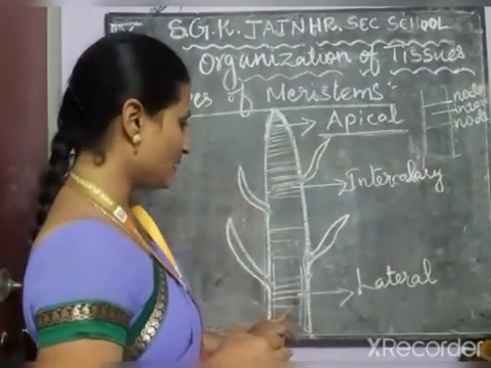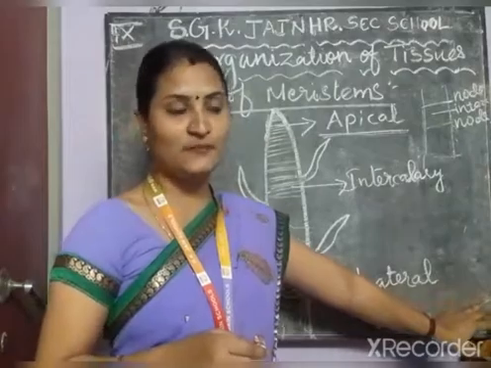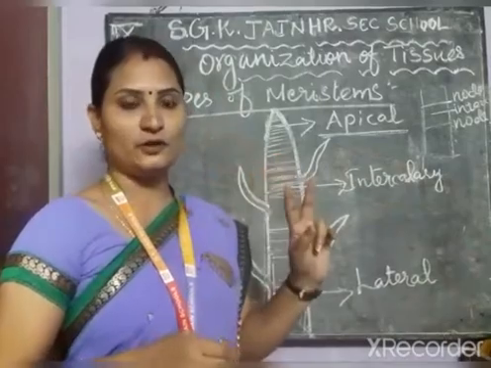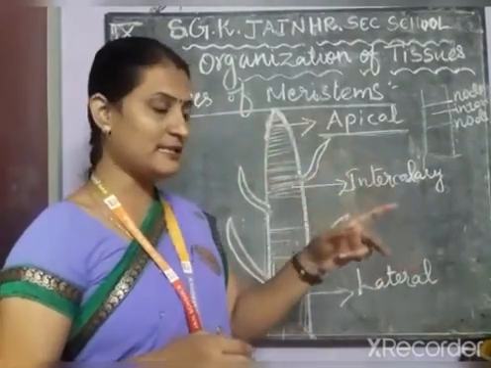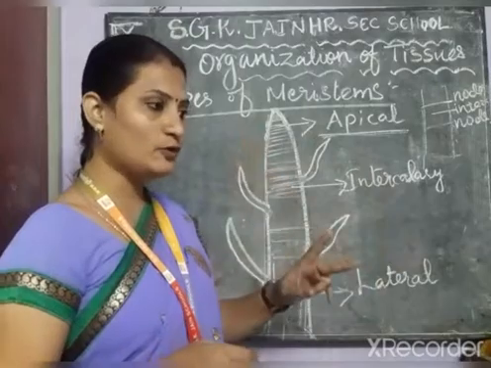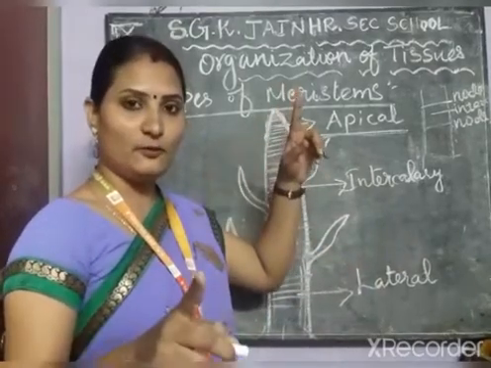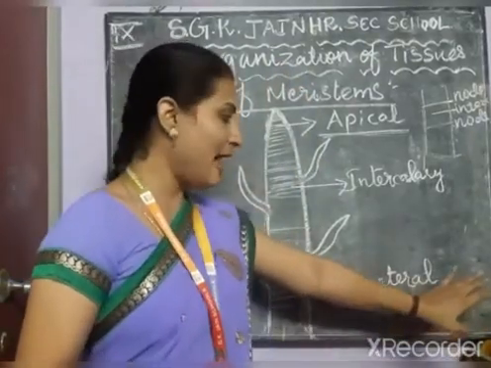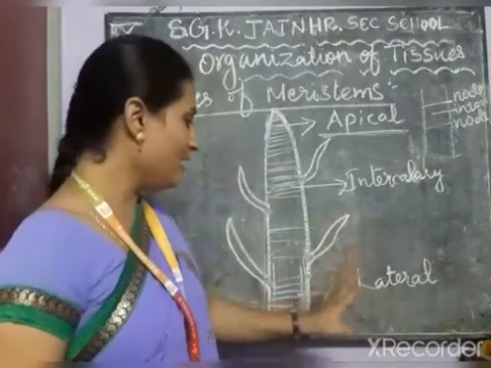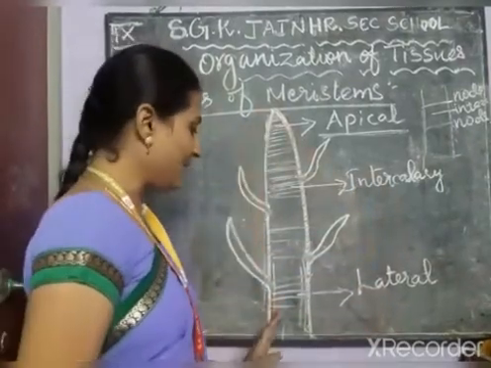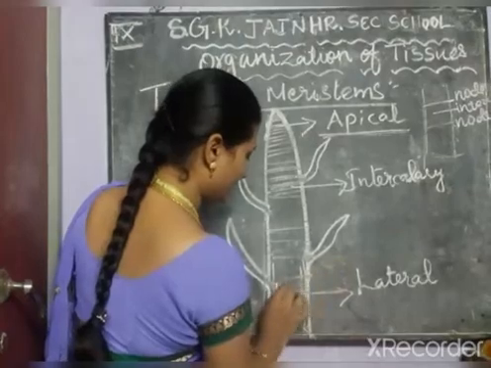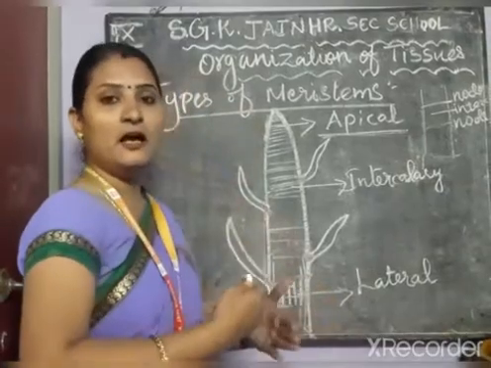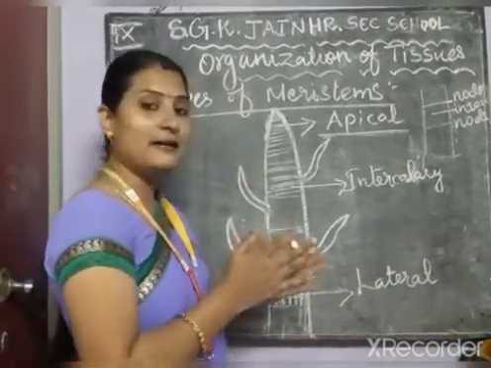And the last one is lateral meristematic tissues. If you see the growth of the plant, we can take it as two growths: one is primary growth and another is secondary growth. Primary growth means that it will elongate and increase the length. The lateral meristematic tissues are present parallel in the stem of the plant, like this, and they enable the growth of the plants in a horizontal way.